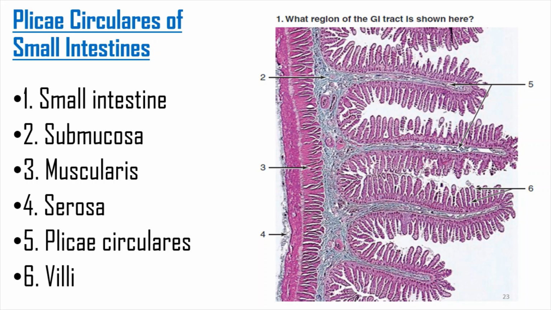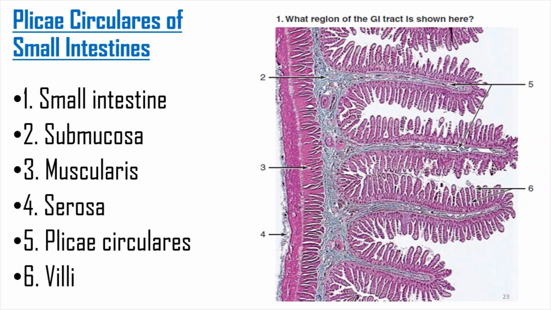The submucosa forms hills, which we call the plicae circulares. You can see this is a plicae circulares here, and there's another plicae circulares here. These plicae circulares have finger-like projections, and the finger-like projections are what we call villi.